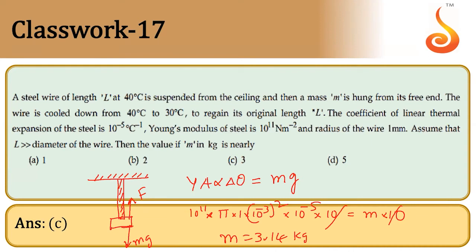Why 10 to the power of minus 3? We have substituted everything in SI units, right? Kg only. Everything we have substituted in SI units, we will get mass also in SI units. Okay. Go to the next one.